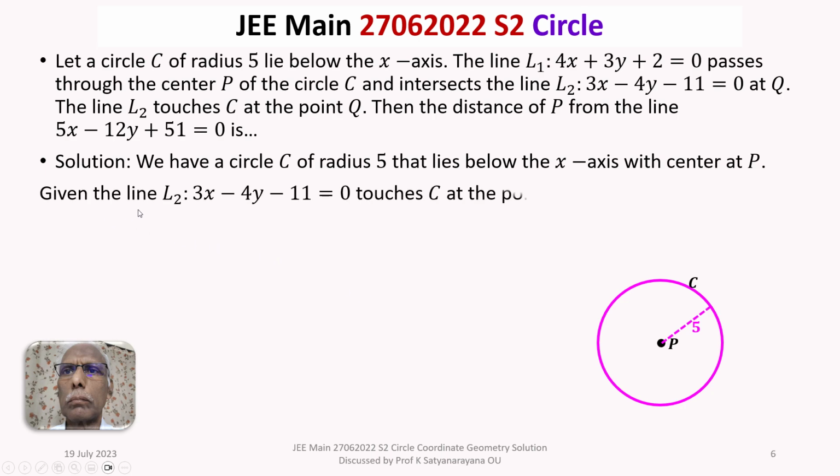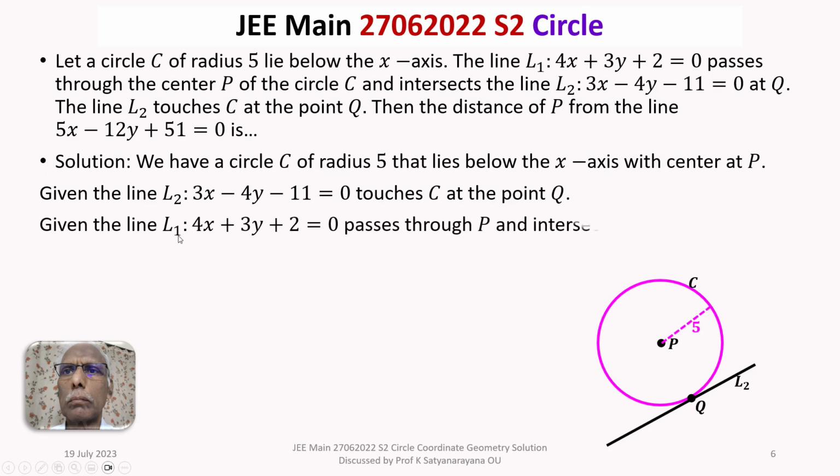We are given the line L2 given by 3x minus 4y minus 11 is equal to 0 touches C at the point Q. There is a line L2 that touches the circle C at the point Q. It is further given that the line L1 given by 4x plus 3y plus 2 is equal to 0 passes through P and intersects the line L2 at Q. We have a line L1 passes through center P and intersects L2 at Q.